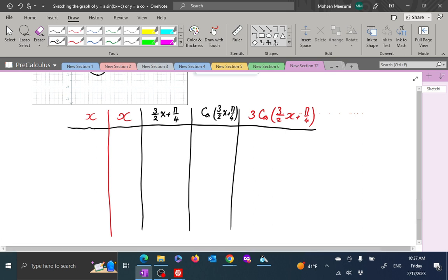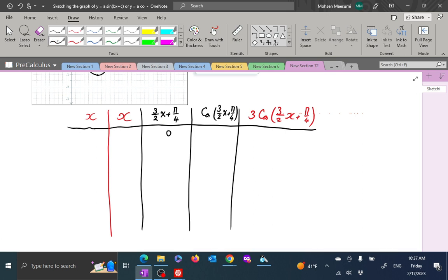So as usual, we go through 0, pi over 2, pi, 3 pi over 2, 2 pi. Take the cosine: 1, 0, minus 1, 0, 1. Triple that. No problem. 3, 0, minus 3, 0, 3 again. And then here, a little bit of work is needed. So let's start.